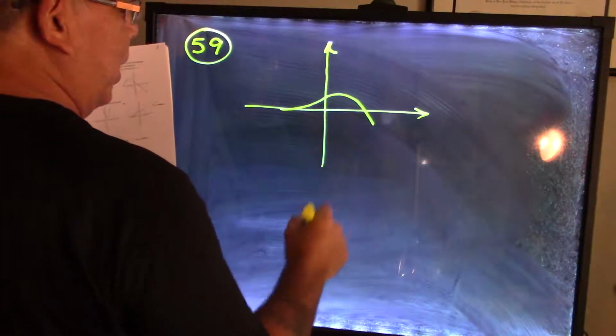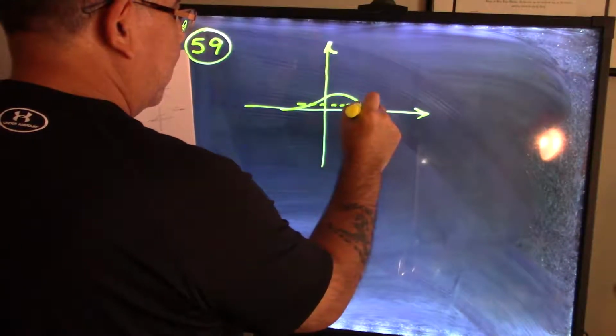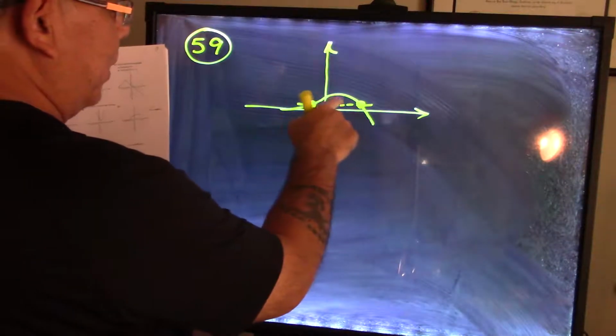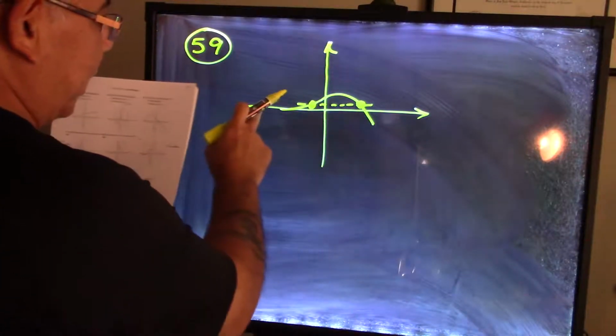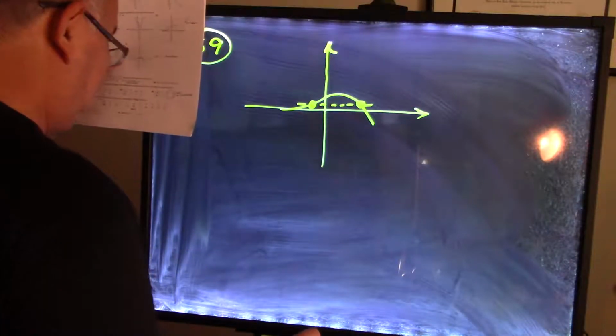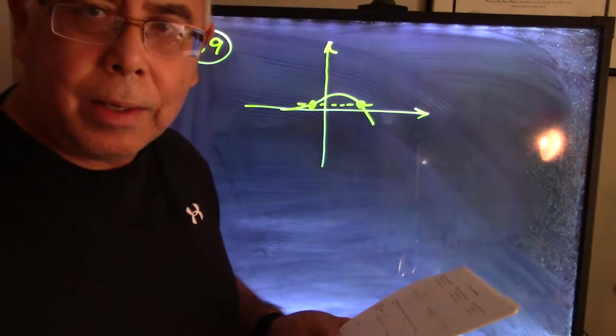It passes the vertical line test, but the horizontal line test is where it fails. So draw a horizontal line in this area here above the x-axis, or even on the x-axis it appears. It will fail the horizontal line test. So it is a function, but it's not one-to-one.